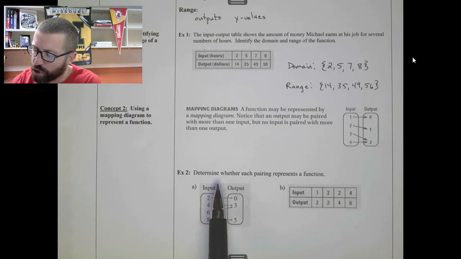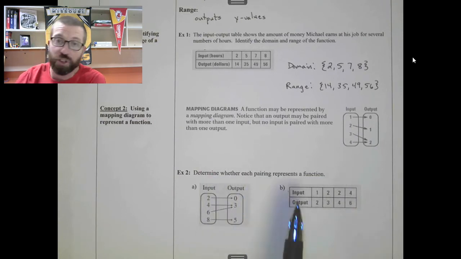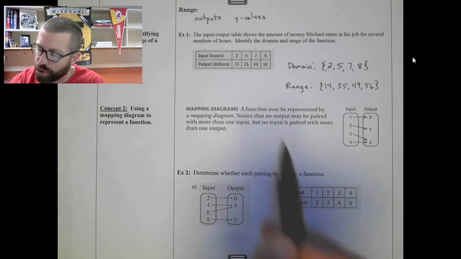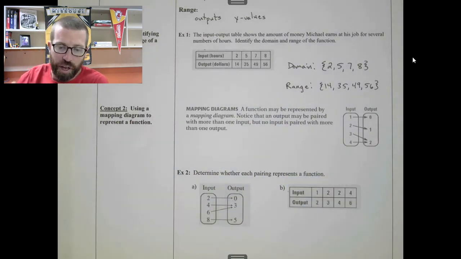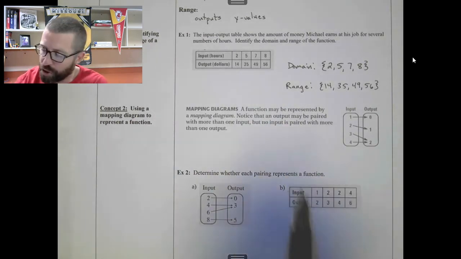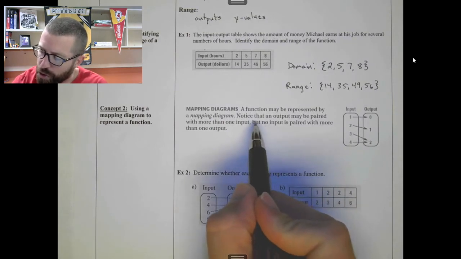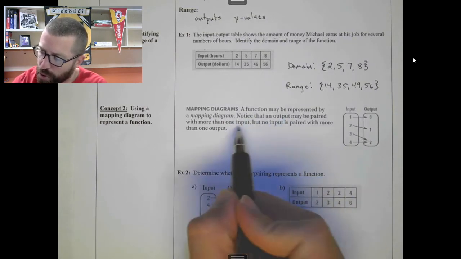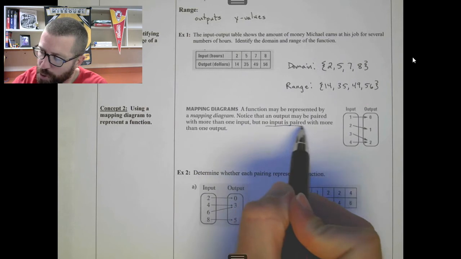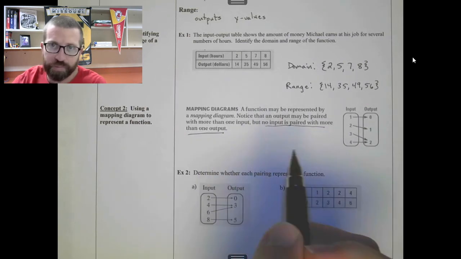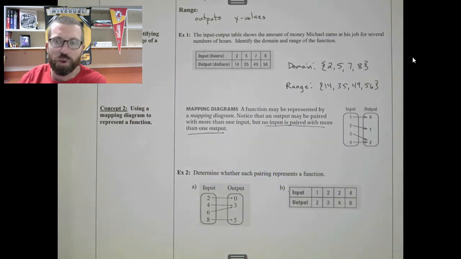Okay, so to determine whether each pairing represents a function, for a relationship to actually be a function, it has to follow this rule. Any output may be paired with more than one input, but no input is paired with more than one output. So you have to know what you're going to get.